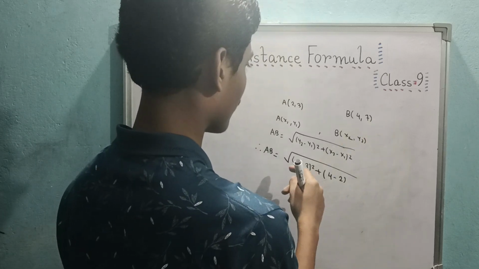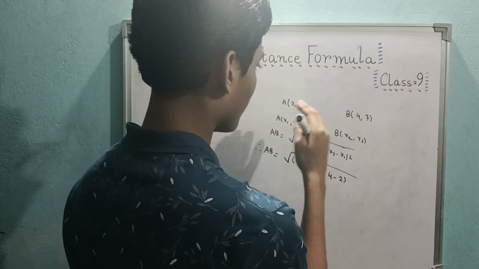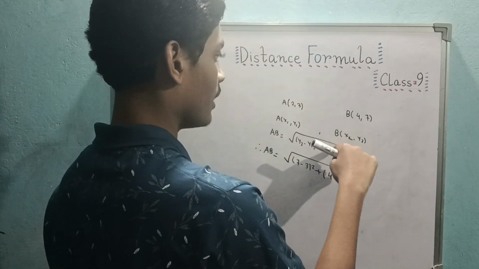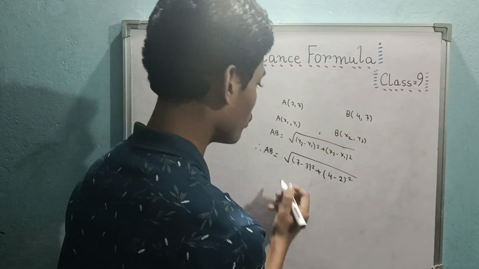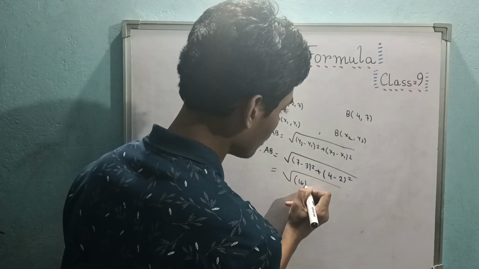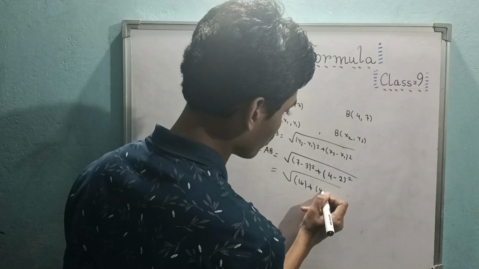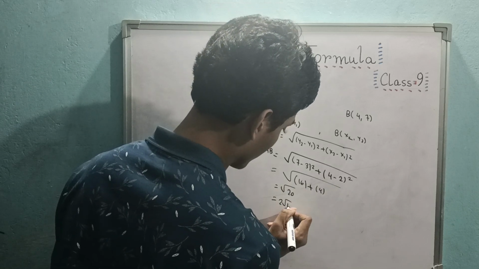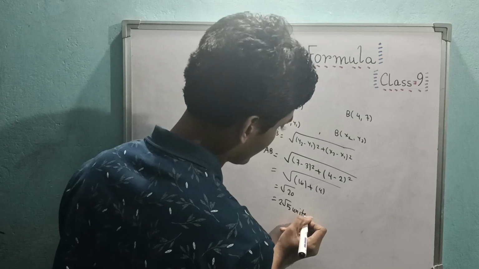See, 7 minus 3, 4 minus 2. Just compare x1, y1: 2, 3; x2, y2: 4, 7. Then just put in the equation. You get root of 4 square, 16, plus 2 square, 4, root 20. Can write it as 2 root 5 units. Okay. That will be your answer.